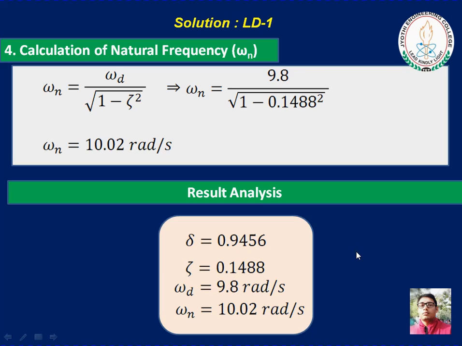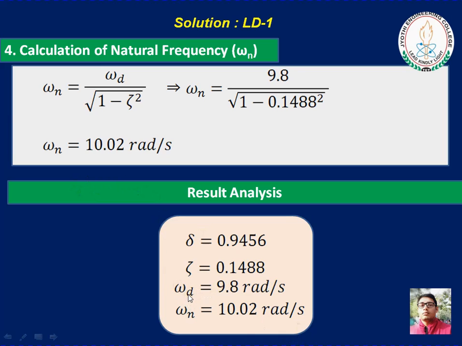Now let us discuss the results available in this particular problem. Zeta is the parameter we need and delta is the intermediate tool to calculate zeta. And how you calculate zeta is already discussed. Then omega d and omega n are the damped frequency and the natural frequency.